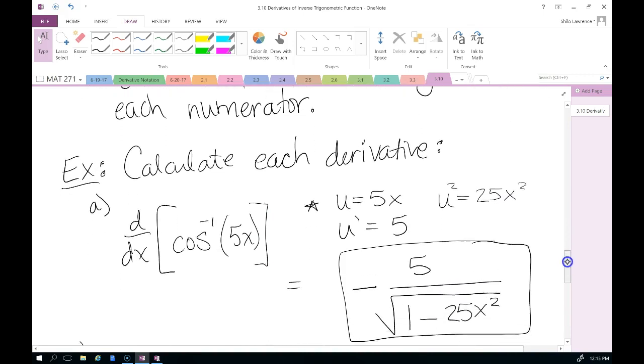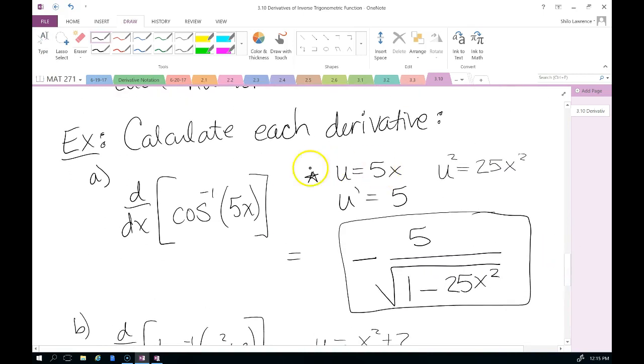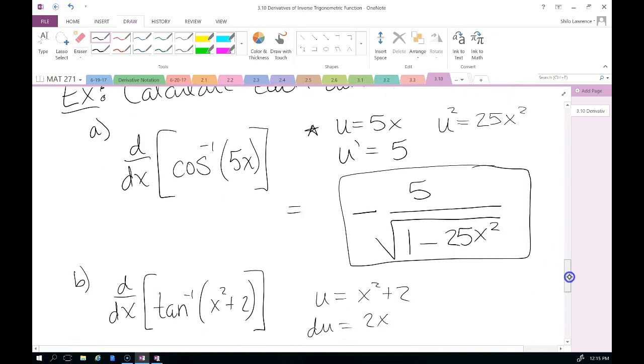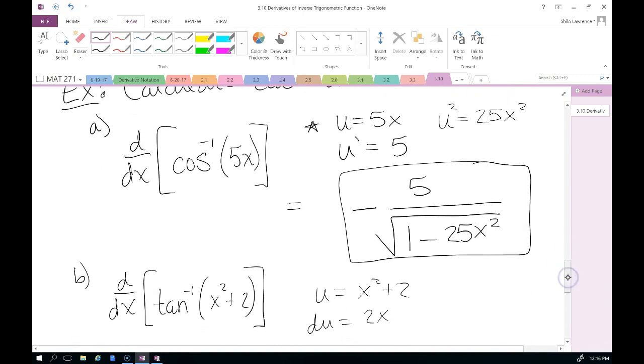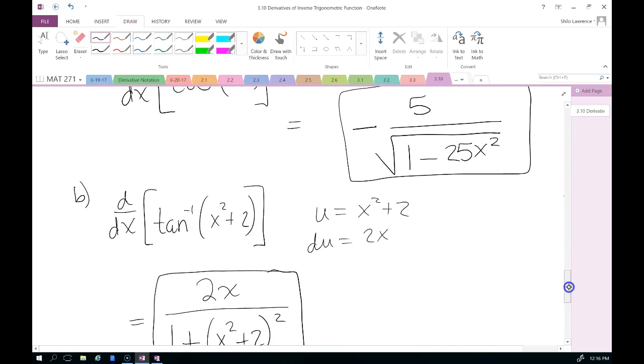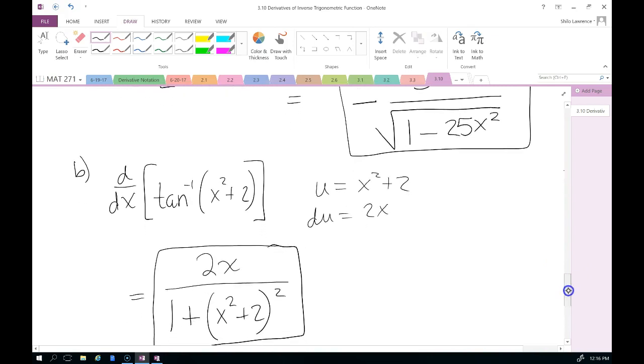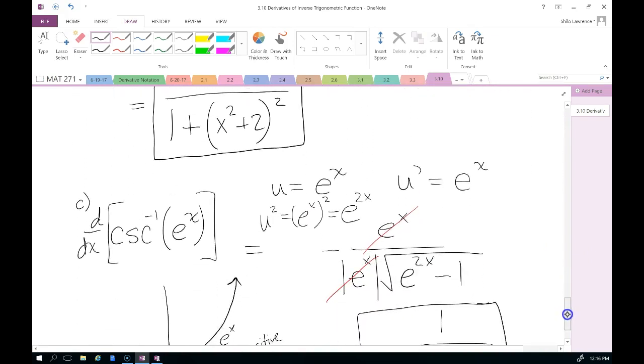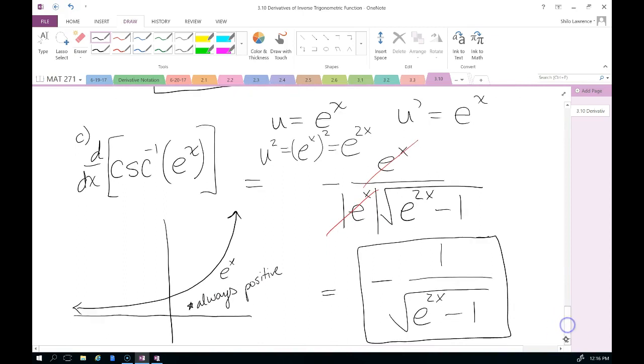The important thing is to recognize the u chunk and the u prime, pull out those puzzle pieces, and put the formula back together with them to figure out what the derivative is going to be. The inverse trig derivatives will not be on the test.